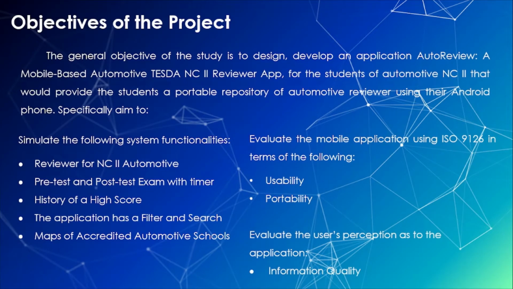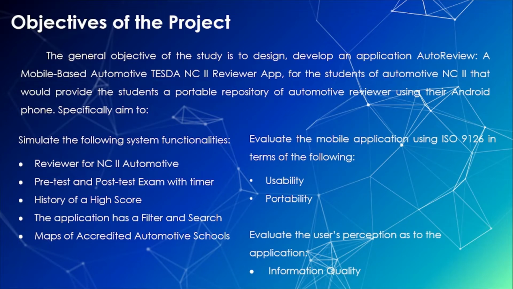Objectives of the project. The general objective of the project is to design and develop an application, a mobile-based automotive NC2 reviewer app for the students of Automotive NC2 that would provide the students a portable repository of automotive reviewer using their Android phone. Specifically, the project aims to simulate the following system functionalities: reviewer for NC2 automotive, pre-test and post-test exam with timer, history of a high score.